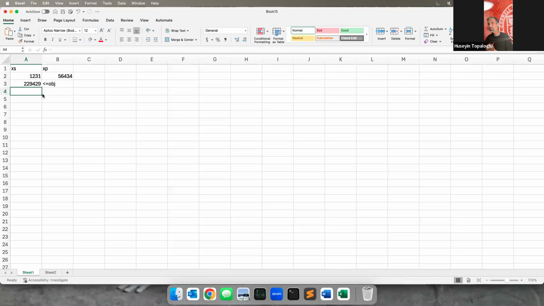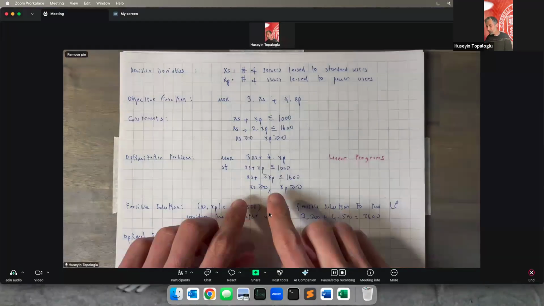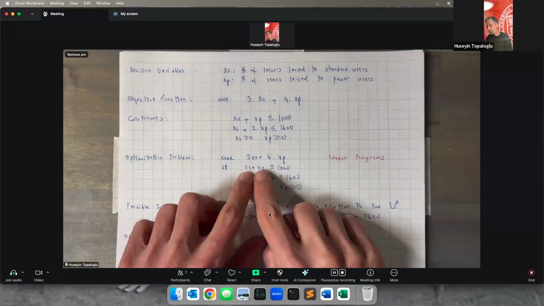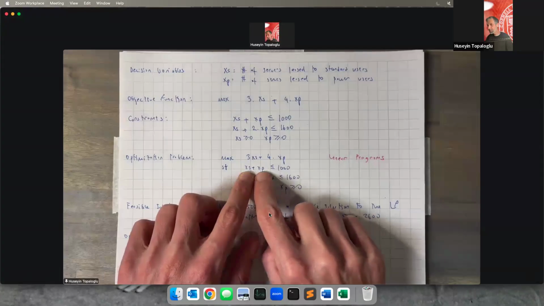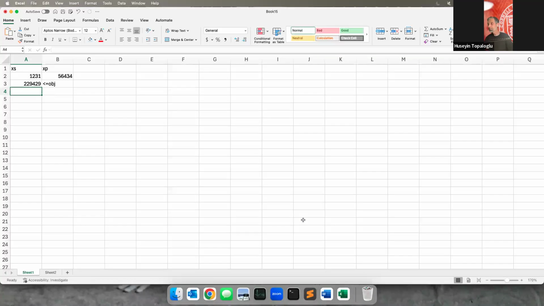Similarly, we're going to write formulas that keep track of our constraints. What's the left-hand side of our first constraint? xs plus xp. So let's write a formula that keeps track of the left-hand side of the first constraint, xs plus xp, which is A2 plus B2.